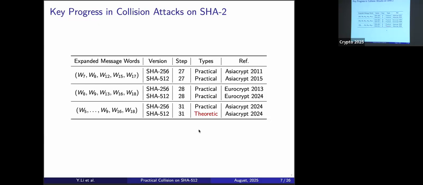The researchers have achieved a practical 28-step attack on SHA-256 and SHA-512, and by selecting the message words W5, W6, W7, W8, W9, W16, W18, they have achieved a practical 31-step attack on SHA-256 as well as a theoretical 31-step attack on SHA-512.